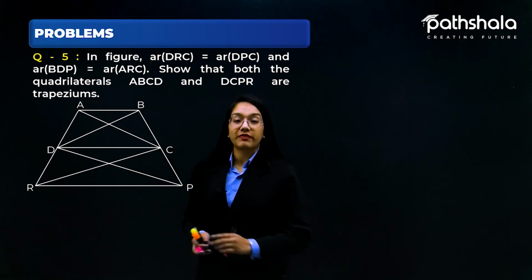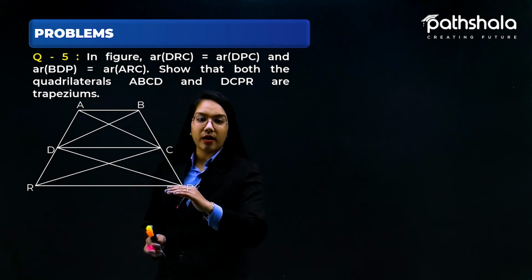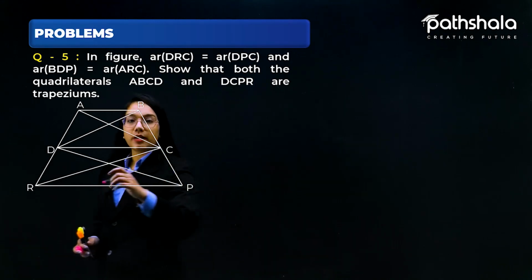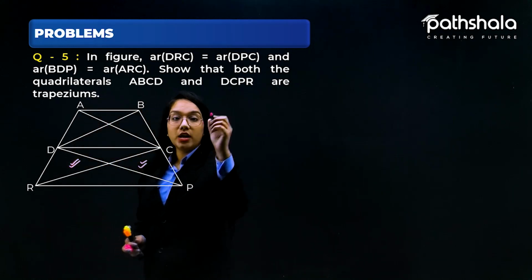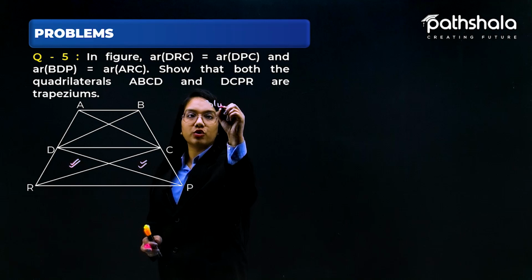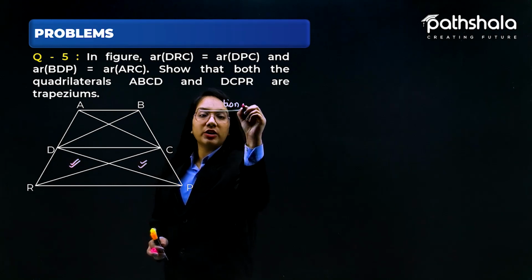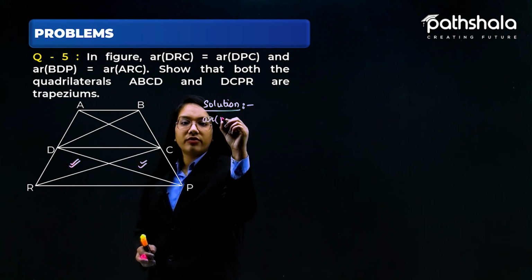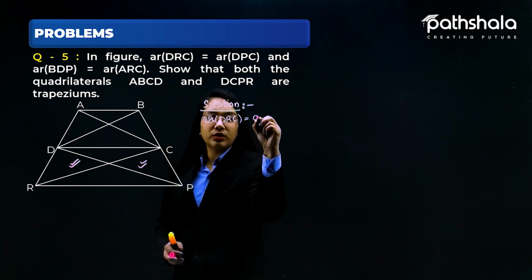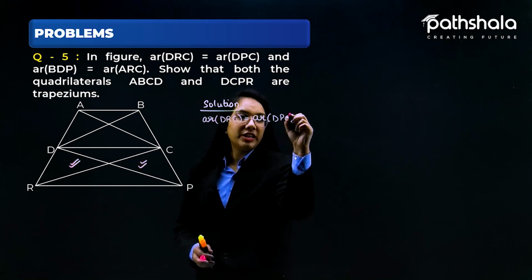First of all, let us start with DCRP. As you can see in DCRP, the area of this triangle is equal to the area of this triangle. So as per the given condition, the area of DRC is equal to the area of DPC.